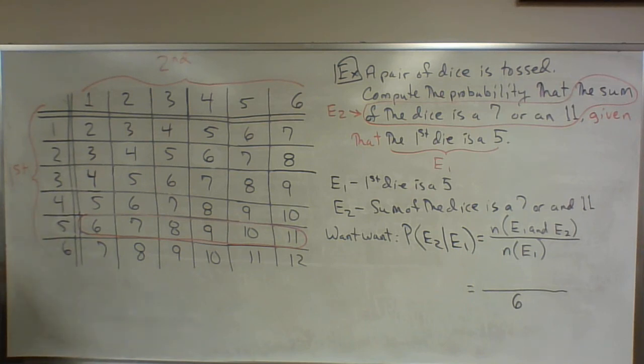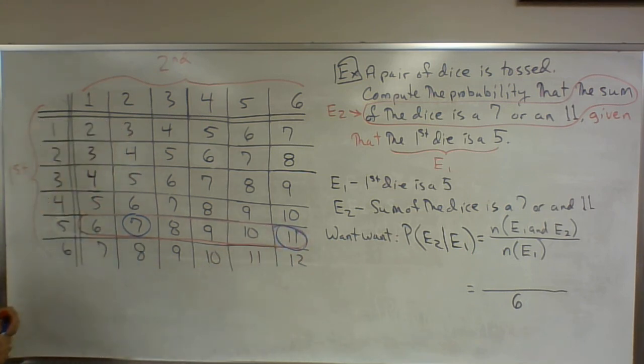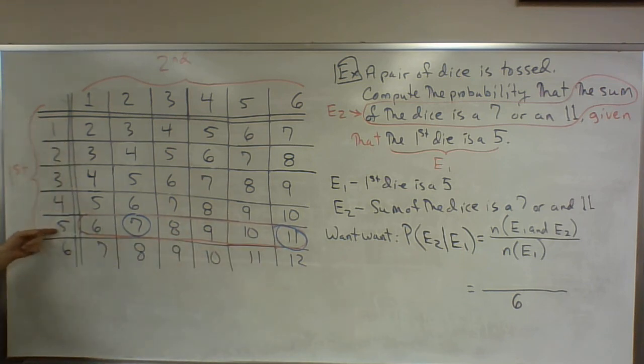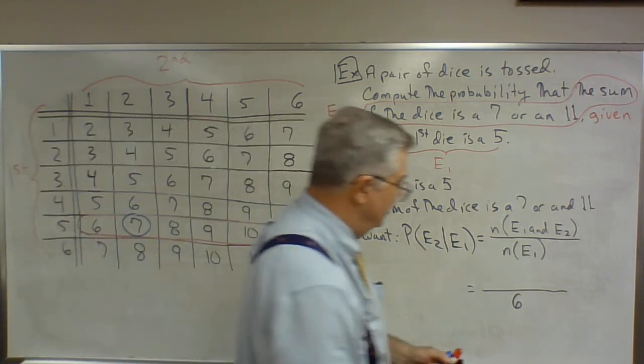Now, of the outcomes in this row, which ones give us a 7 or an 11? This one does, and this one. So there are just two outcomes that give a 7 or an 11 if the first die is a 5.